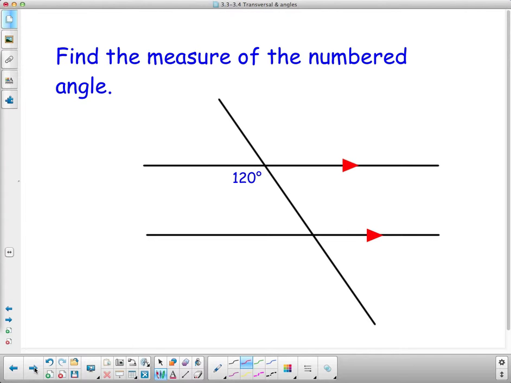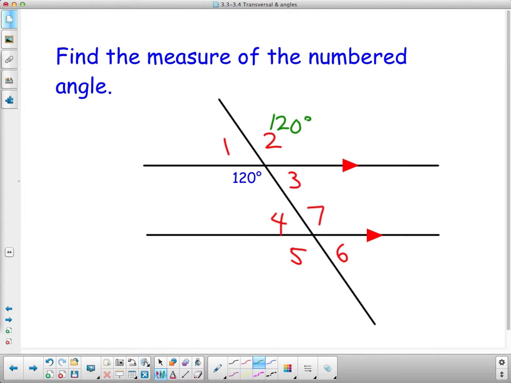All right, let's go to this picture. Notice I did mark the lines parallel. So let's see if you can correctly tell me the measure of each angle. Okay, so raise your hand to tell me which angle you can figure out, what it is, and support yourself. Colton, angle 2 is 120. Reason? Vertical angle.